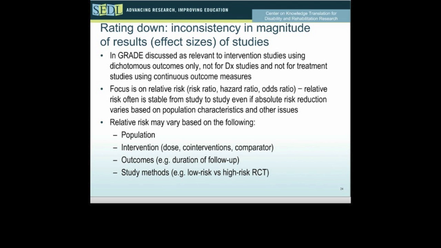Maybe these 3 studies or 5 studies or 12 studies differed in the population. They all studied people with spinal cord injury, but some had only tetraplegics, others had paraplegics and tetraplegics. One had an age cutoff at 50, others didn't, etc. It may be the intervention. You may have a different dose of the same intervention. You may have allowed different co-interventions.